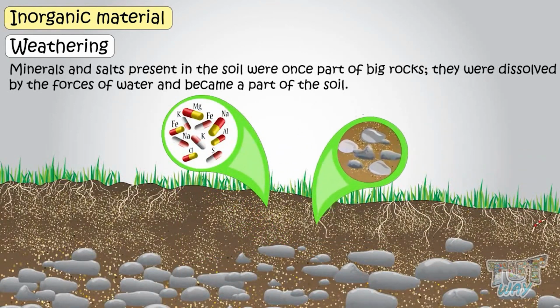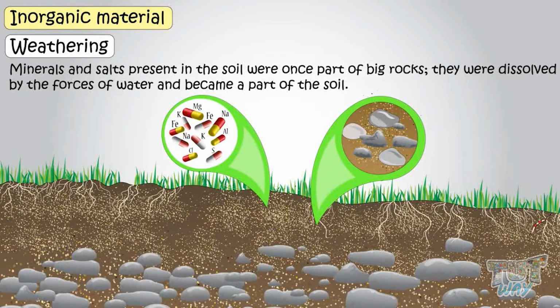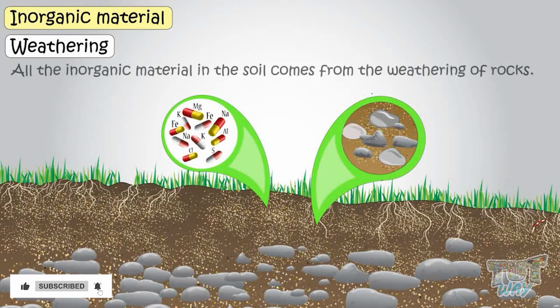Minerals and salts present in the soil were also once part of big rocks. They are dissolved by the forces of water and become part of the soil. So all the inorganic material in the soil comes from the weathering of rocks, that is, the breaking of rocks into small pieces.